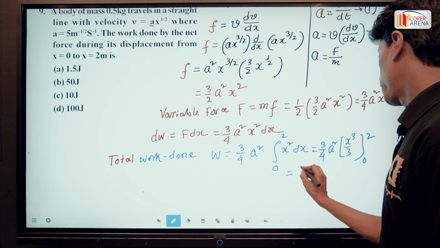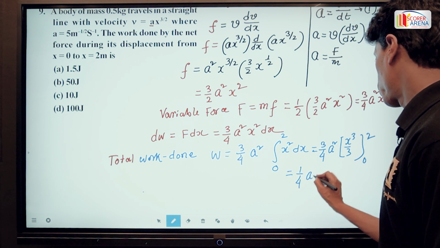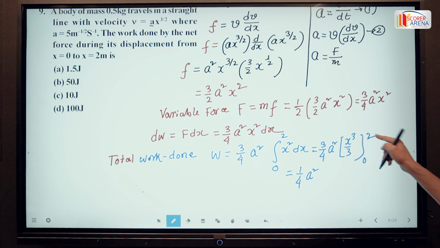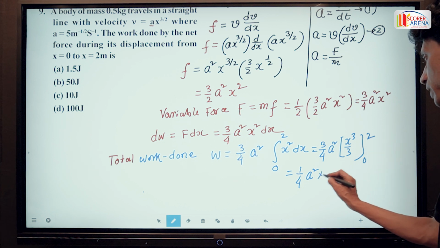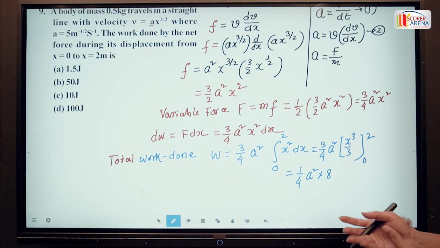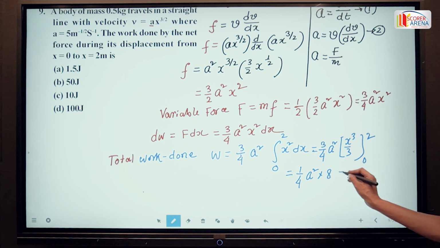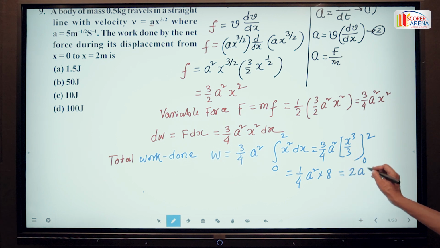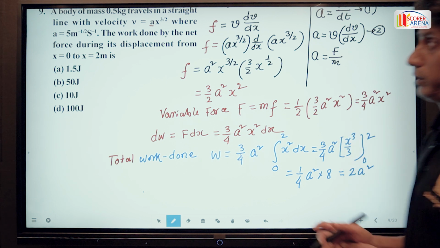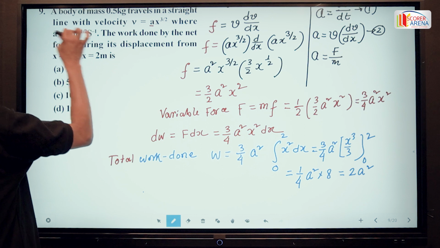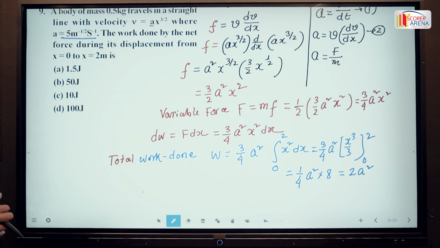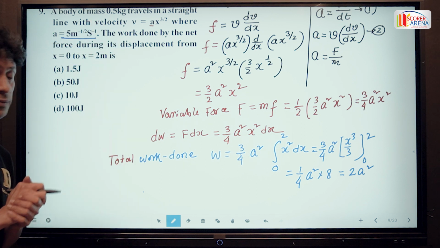So 1 by 4 a square, and if we put the value of the limit x equal to 2, this becomes 8, and this is 2 a square. The value of a in the problem is given as 5 meter inverse half second inverse 1.